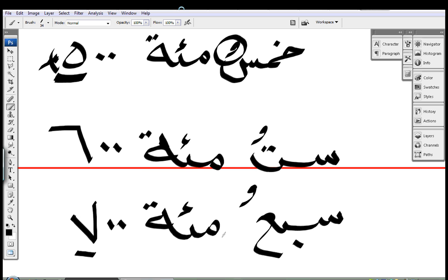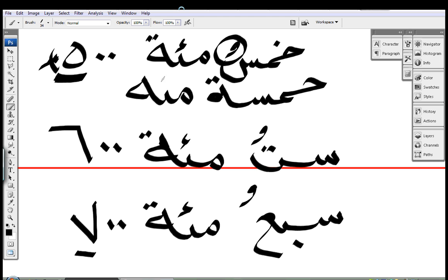For 700 would be sab'u mi'a. And if you say sab'atu mi'a or sittatu mi'a or khamsatu mi'a, it's not a big deal. It might also be considered correct sometimes. Anyways, you always have a dhamma when you link them, okay?